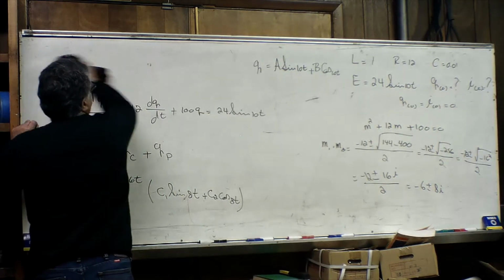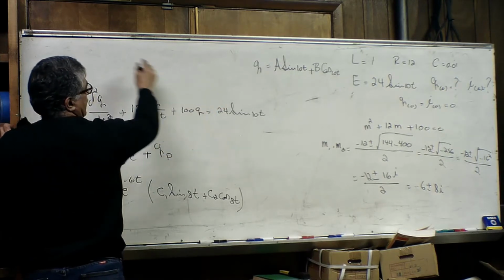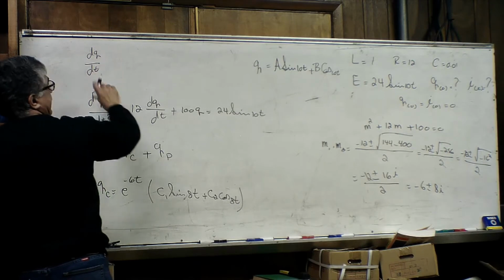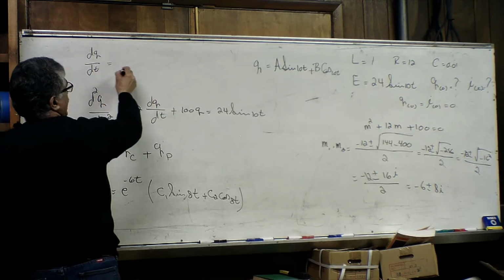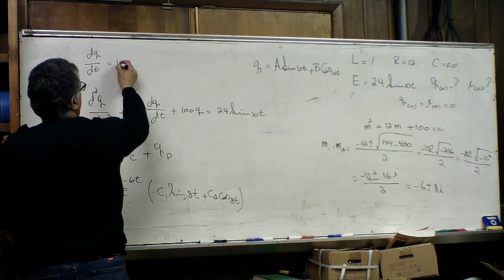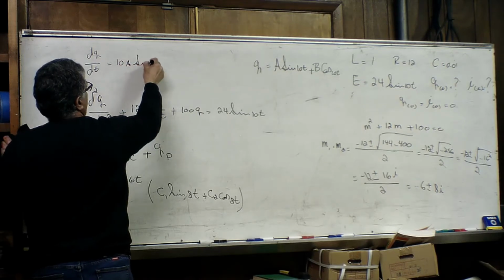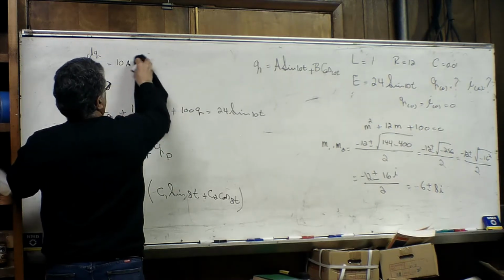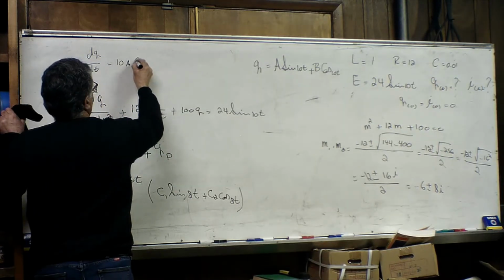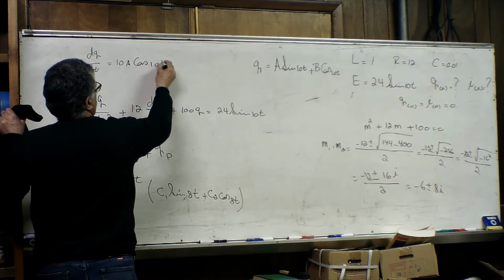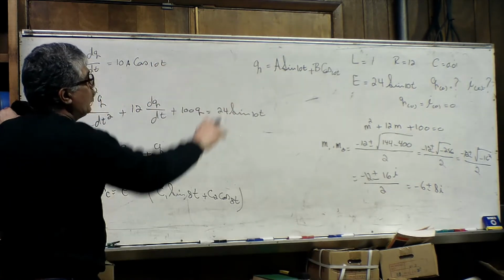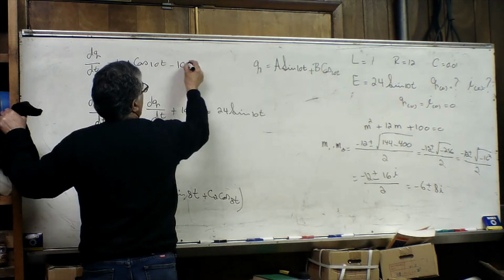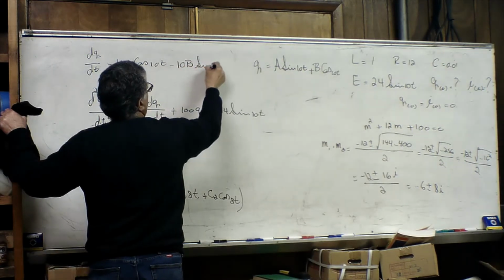If we assume that is our solution, then dq/dt, if we take the derivative of that, we are going to have 10a, the derivative of sine is cosine of 10t. Then the derivative of cosine is minus sine, so minus 10b sine of 10t.